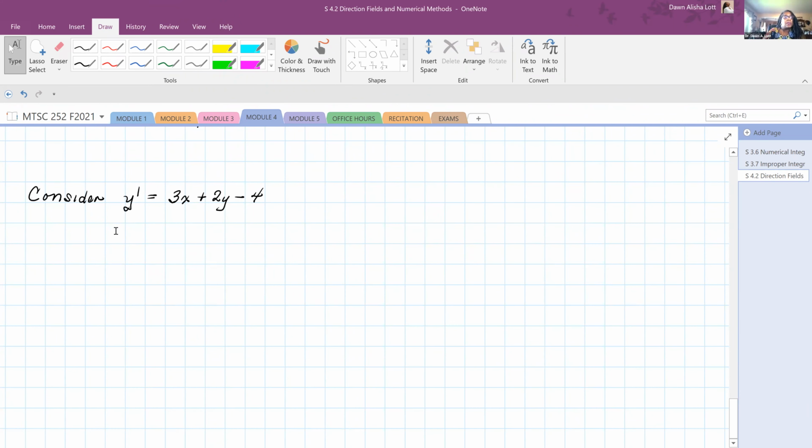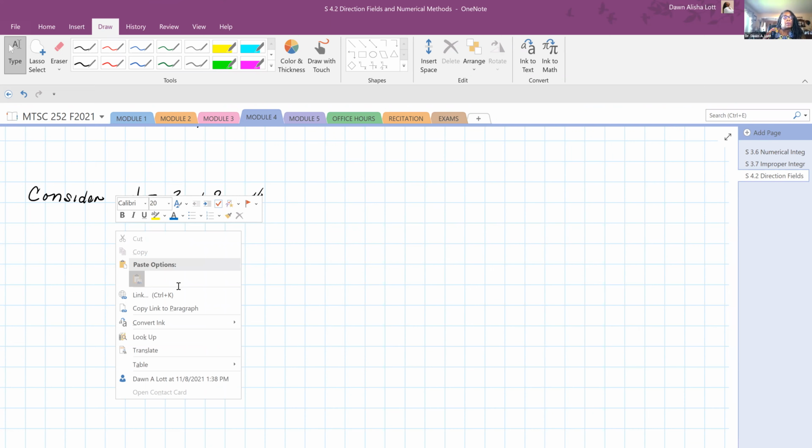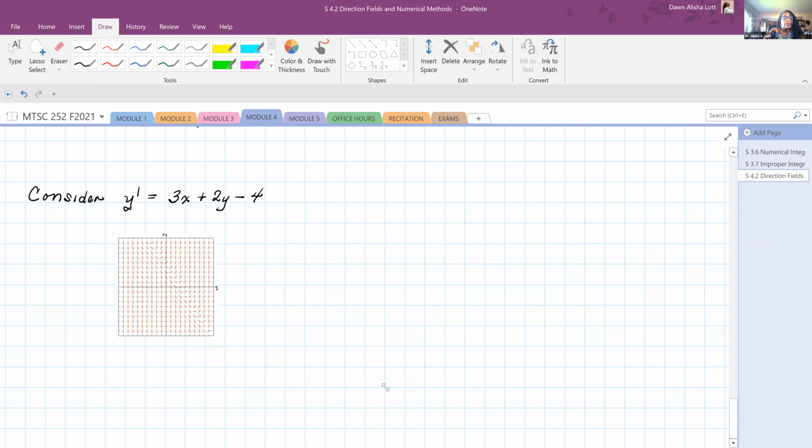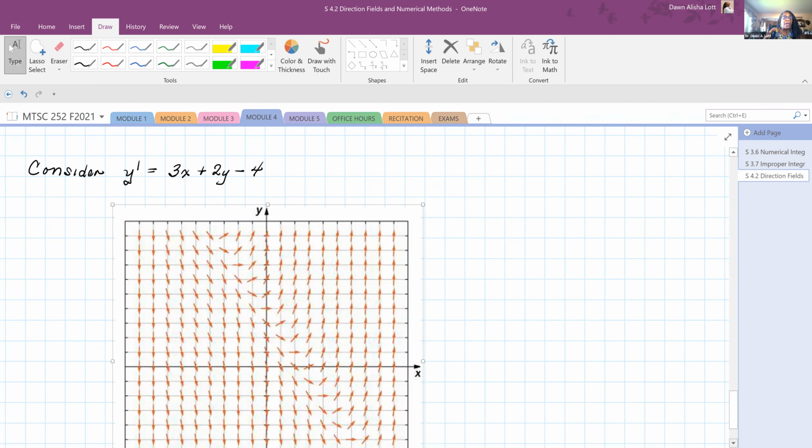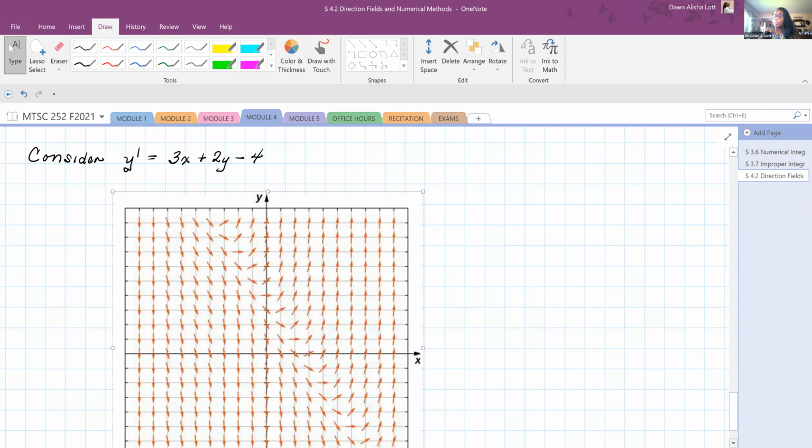And here is its direction field. Again, at every point, you can figure out what the direction field is. Let's see. At the point (0, 0), what is the slope? dy/dx at the point (0, 0) is -4. And notice that's what the slope looks like right there. The slope is -4.